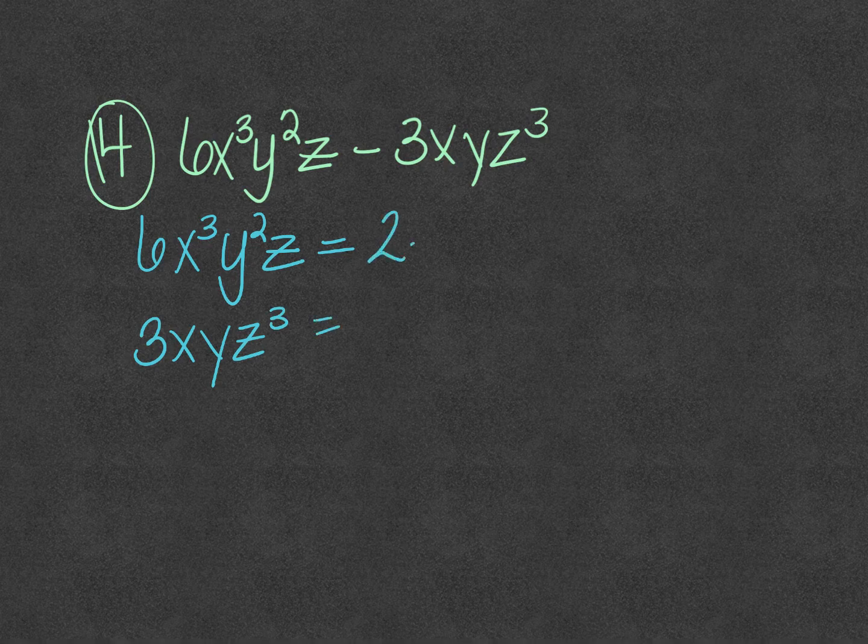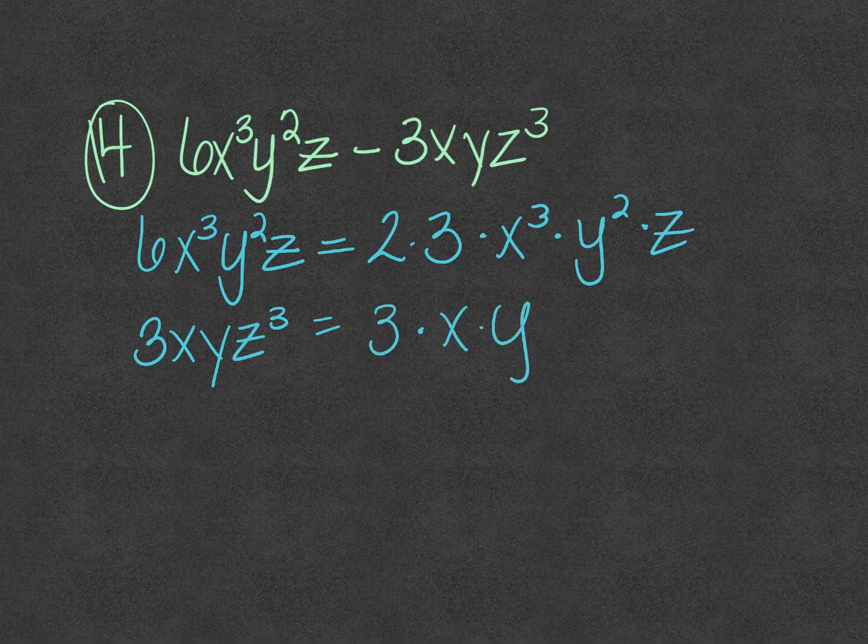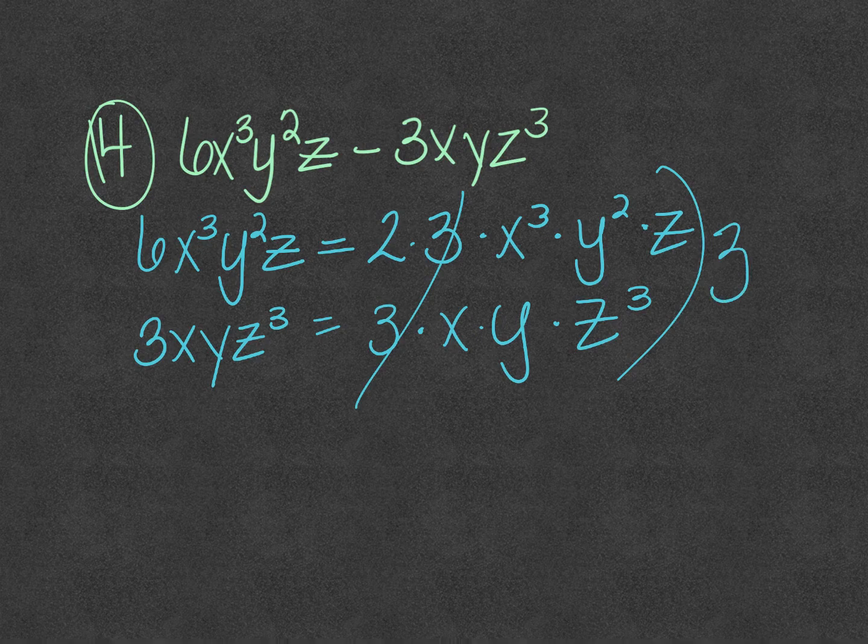So 2 times 3 are the prime factors of 6 times x to the third times y squared times z. 3 times x times y times z to the third. We do have a 3 in common. We have 1x, 1y, and 1z. So 3xyz.